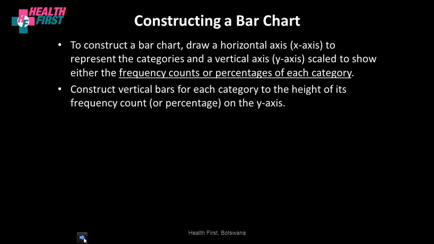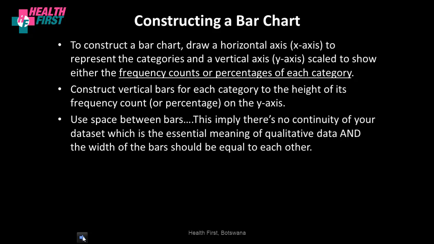In this example, we'll be dealing with contraception, so you construct a bar for each category of the variable contraception. The height of the bar represents the frequency count, either the frequency or the percentages, and that will be on the y-axis.